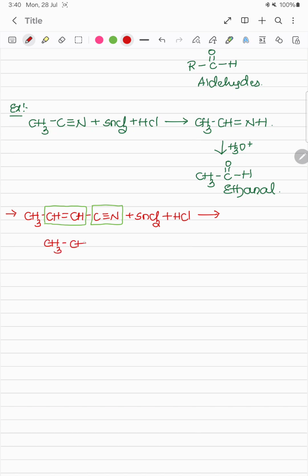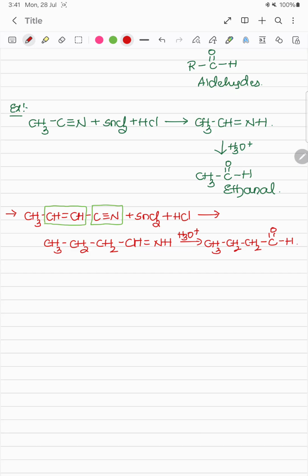So if it is going to be reduced, then you are going to get CH3 CH2 single bond CH2. See, the double bond has become a single bond, and the triple bond obviously will become a double bond NH. When hydrolyzed with H3O plus, your product will be CH3 CH2 CH2 C double bond OH.